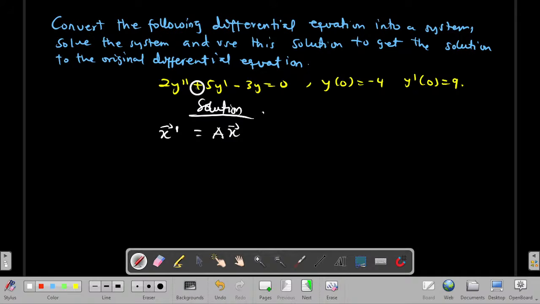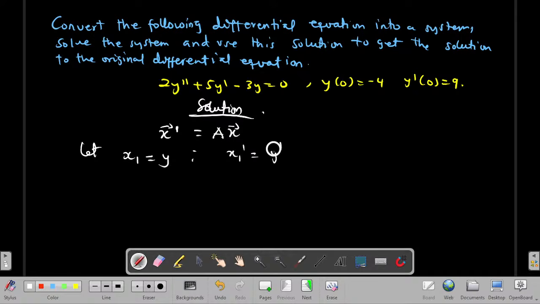So the very first thing you do is you just write x1 is equal to y. You let x1 be equal to y. Once you make x1 equal to y, then you say that x1 prime is equal to y prime. Wherever I see y prime, I can say that it's x1 prime.